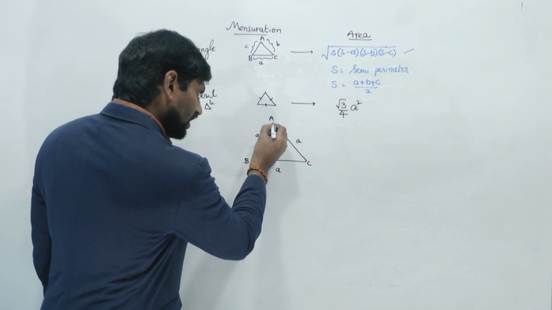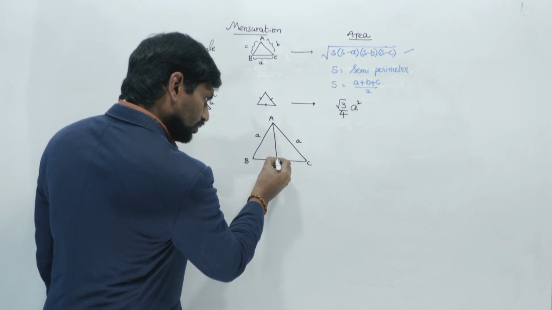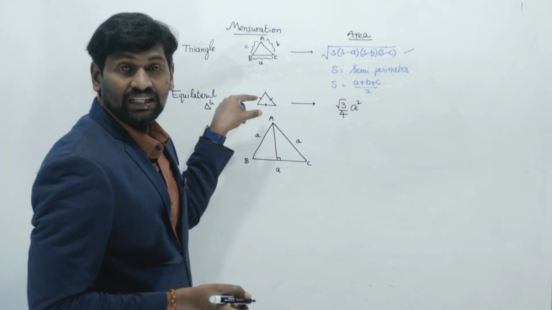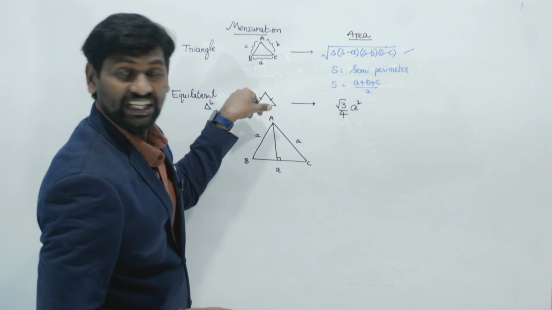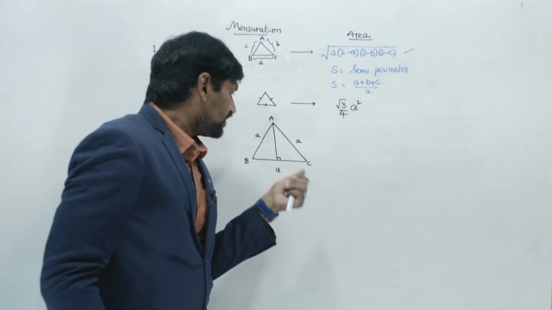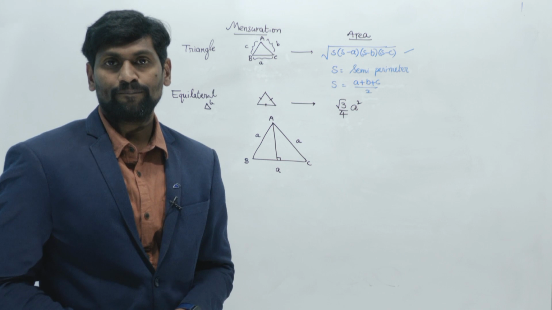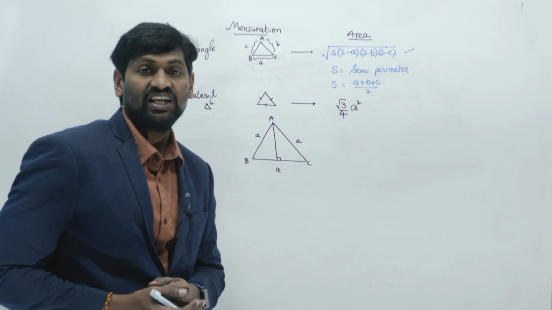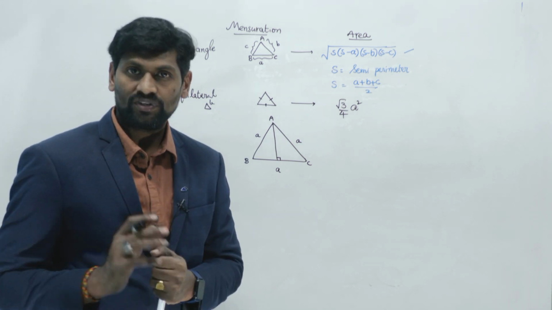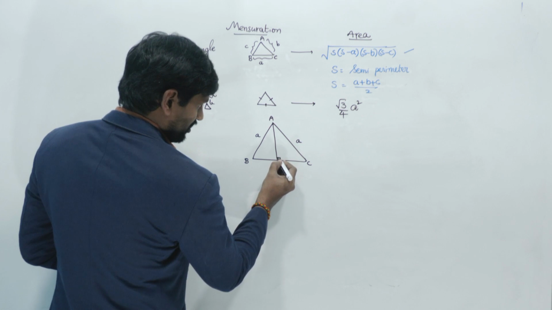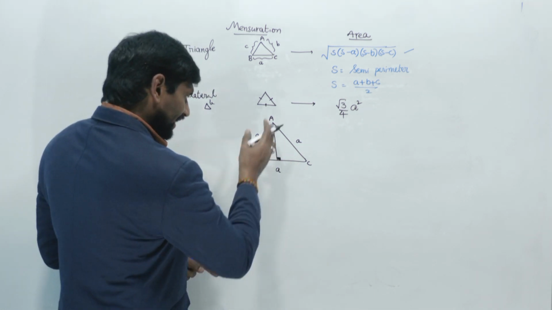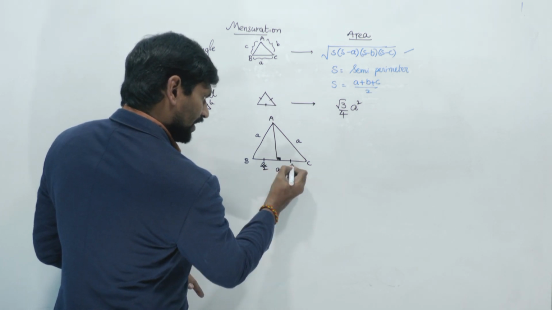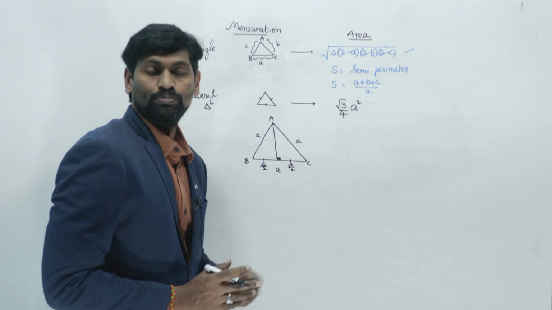For finding the formula, I am drawing an altitude. Altitude is nothing but height. It is the line segment drawn from a vertex to its opposite side, making 90 degrees with that opposite side. The perpendicular line segment drawn from vertex to opposite side is called altitude. It divides this side into two equal parts, a by 2 and a by 2.